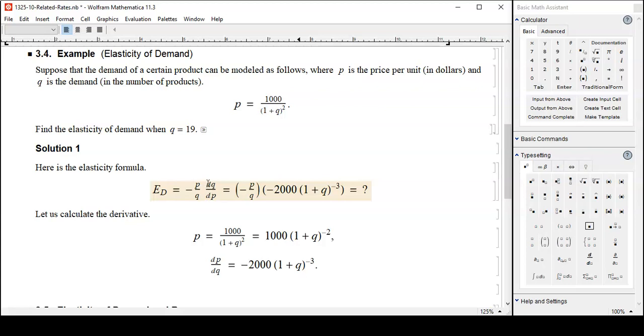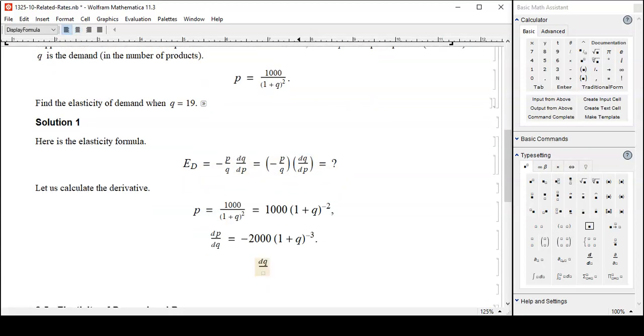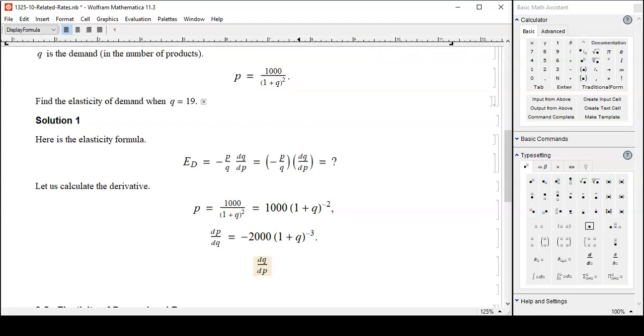The derivative I need is dQ/dP. The derivative I calculated here is dP/dQ. Oh, it's reversed. It's upside down. Okay, I can make it right. dQ/dP is nothing more than the reciprocal of this. Oh, by the way, it would have been a bit easier if I made this observation first.